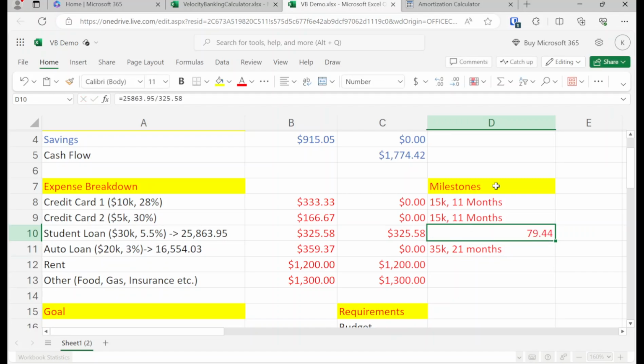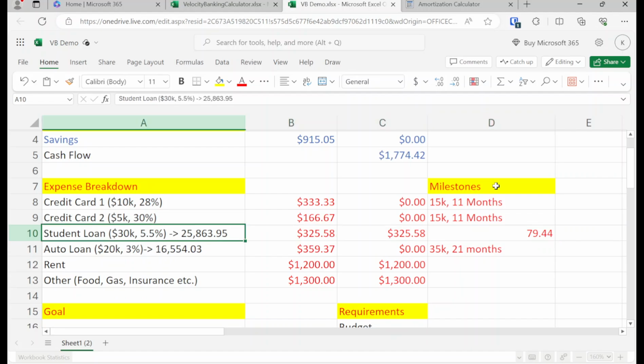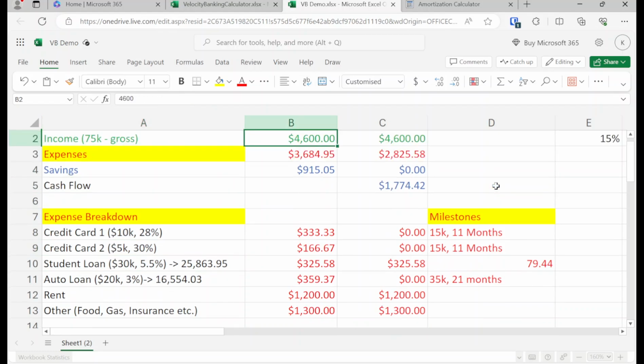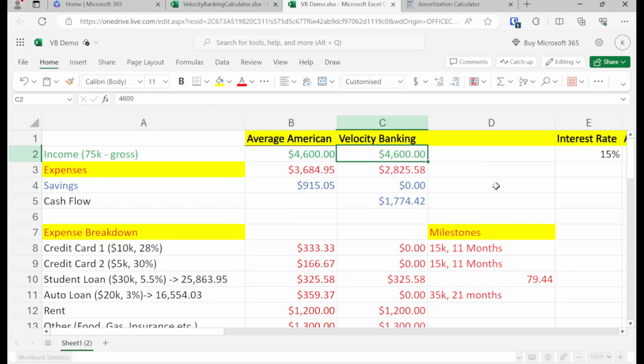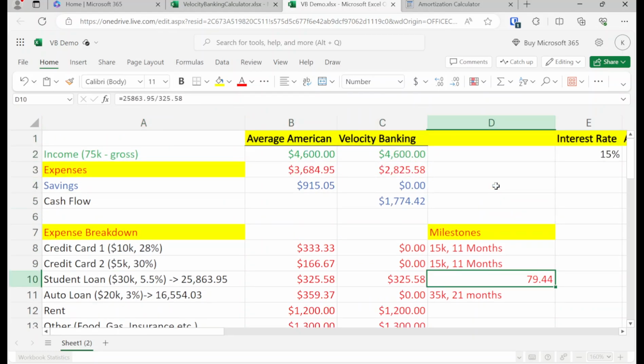So 79.44. So again, and this just depends on you, you might not want to move the entire thing over into that line of credit and just do it in maybe little chunks, like equivalent to your paycheck. And I'll show you what I mean by that.